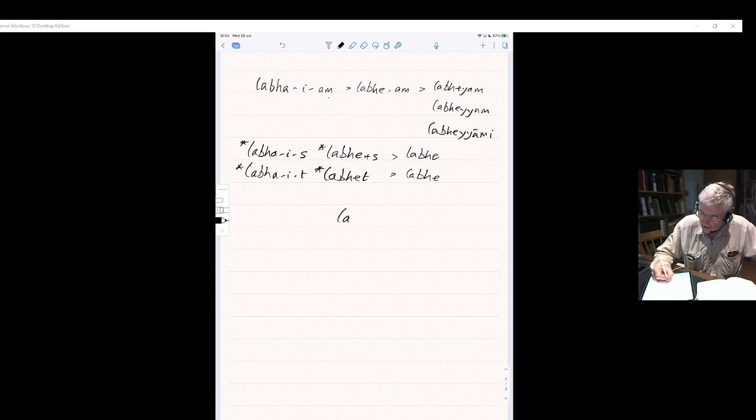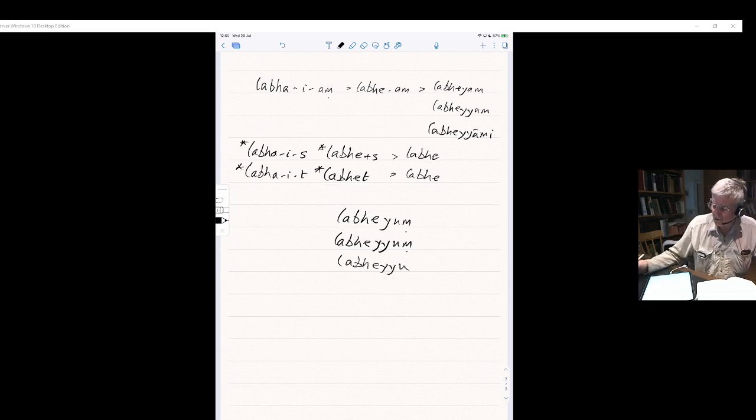So you can have labheyum, or with a double e, labheyum, or without the final anusvara, labheyu. Generally speaking, the forms with the m are more common, but you will encounter the forms with the u.